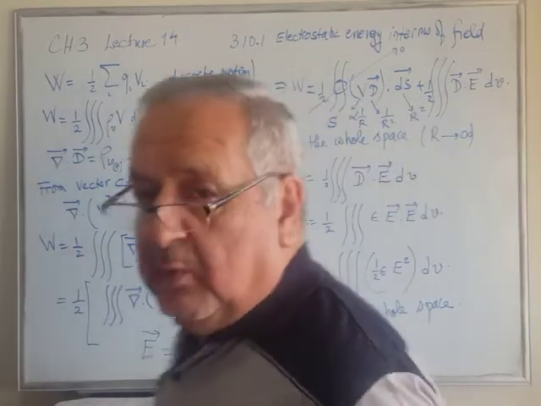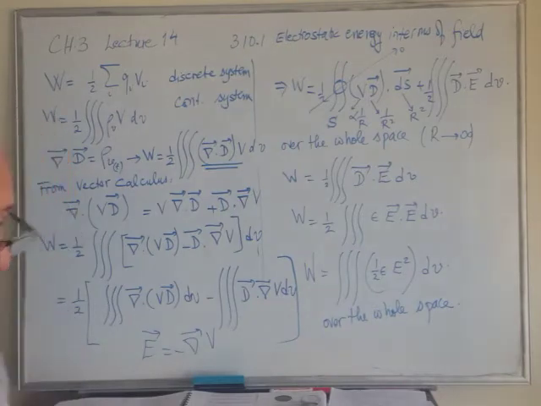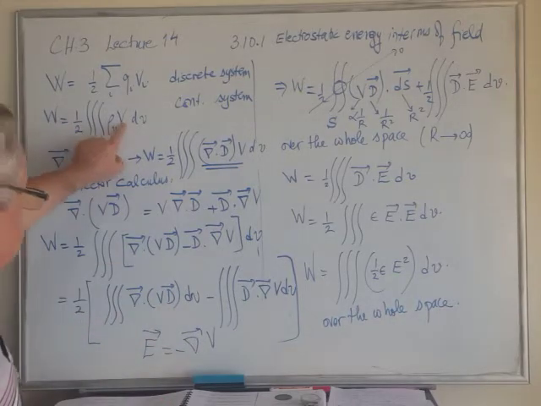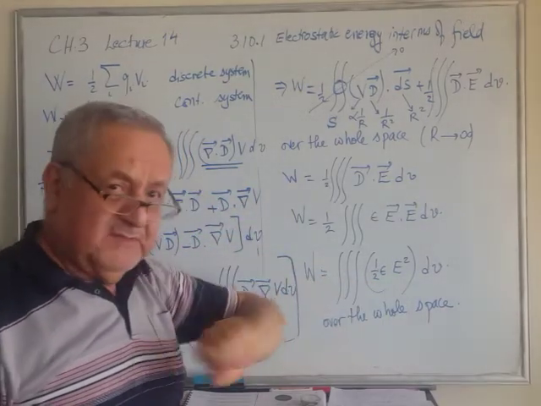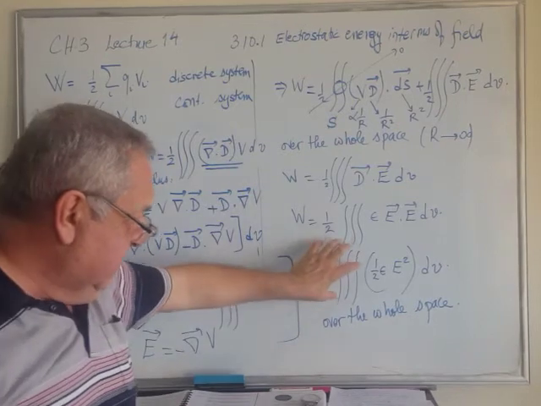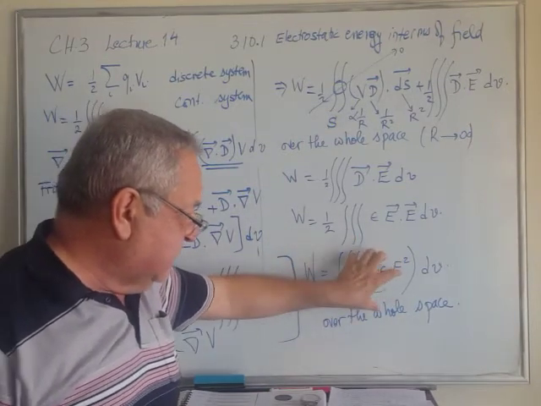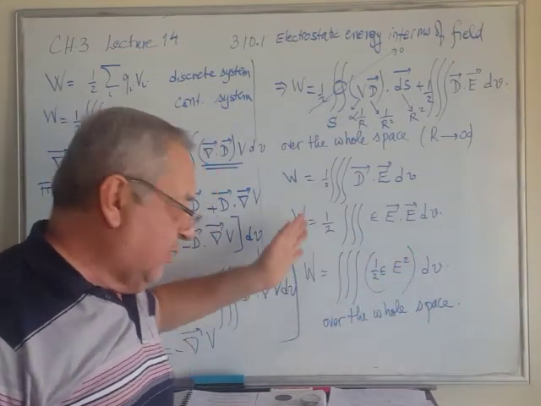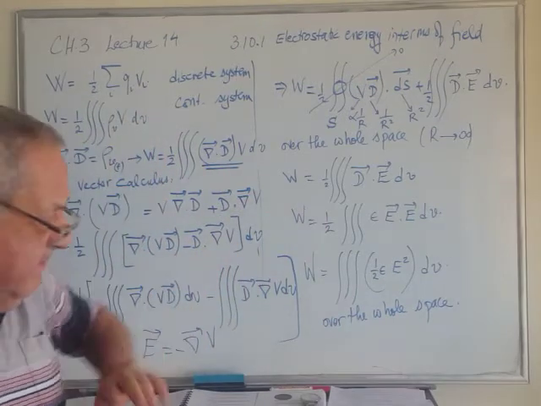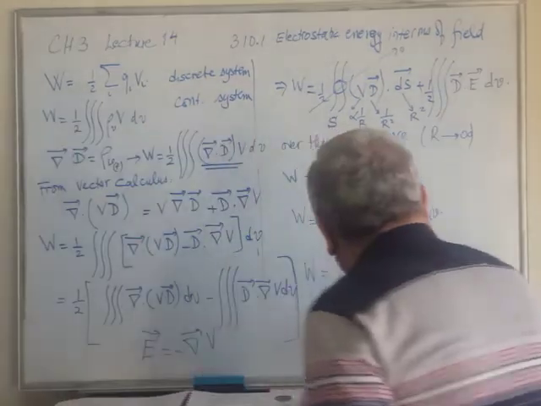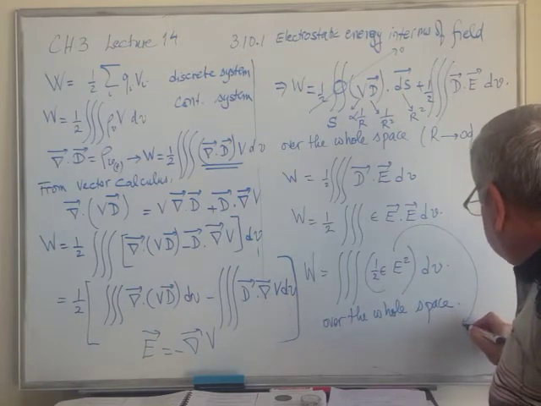So if you want to find the energy due to any continuous distribution of charge, you can do it this way in terms of potential or that way in terms of field. As you can see here, we are integrating something dV over the whole volume to find the total energy. So that thing, which the integrand here, is what?